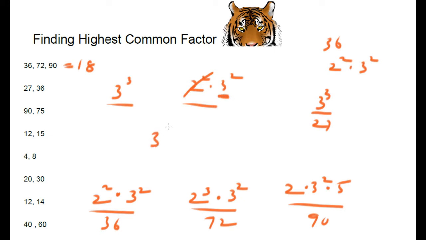So 3 to the power of 2 is the highest common factor of 27 and 36, which means 3 times 3 is 9. So 9 is the highest common factor of these two numbers. 9 times 3 is 27, and 9 times 4 is 36.